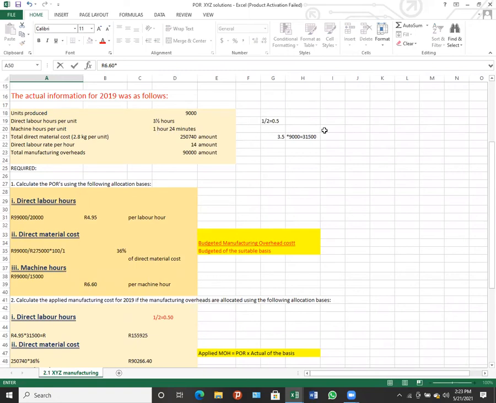We're given machine hours per unit, which is 1 hour 24 minutes. We're going to say 24 minutes divided by 60 minutes, then we get 0.4, then add the 1 hour to get 1.4, then multiply it by 9,000 to get 12,600.